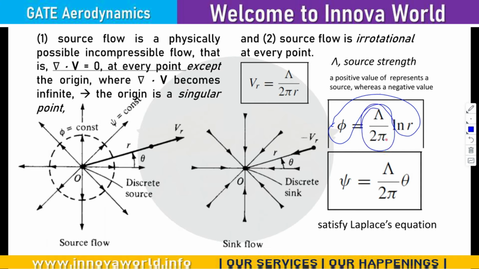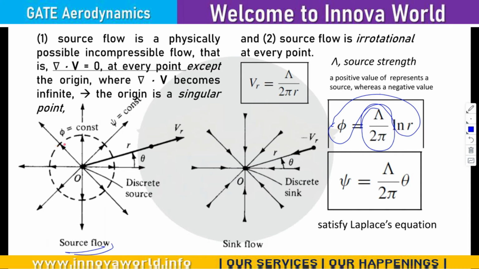Now r is the radial distance from the source. So if I have to draw it, it will be in the nature of a circle, or you can see in the source diagram a dotted line or circle is drawn, right?